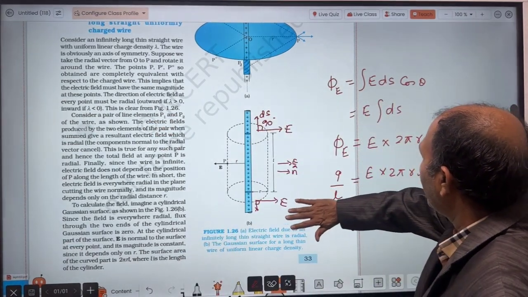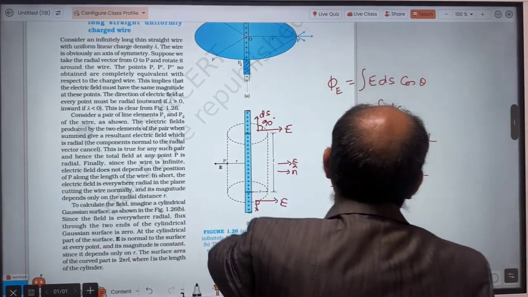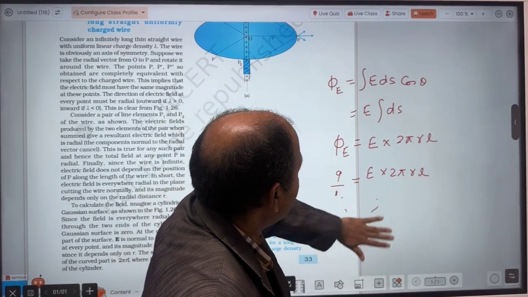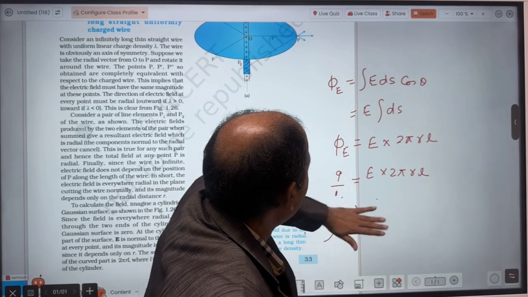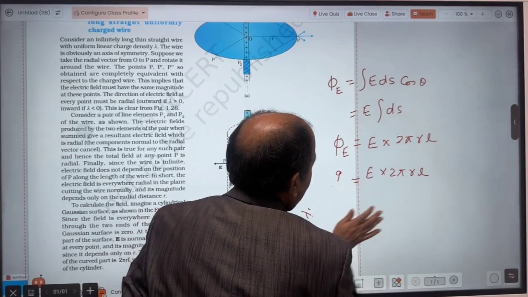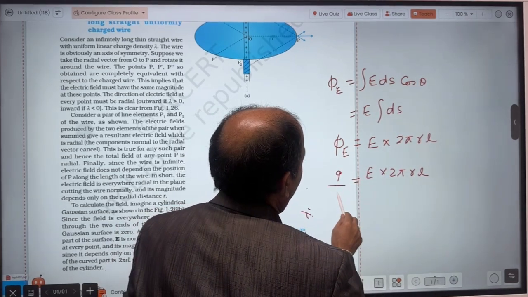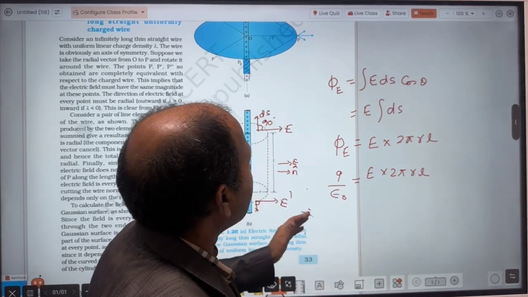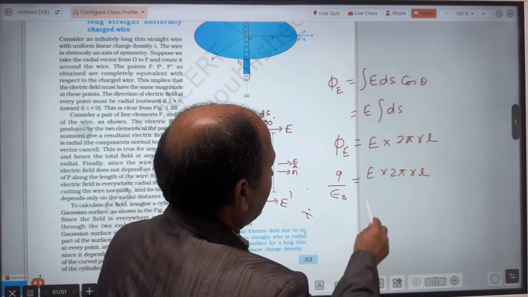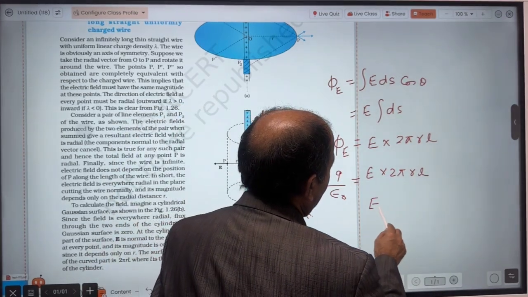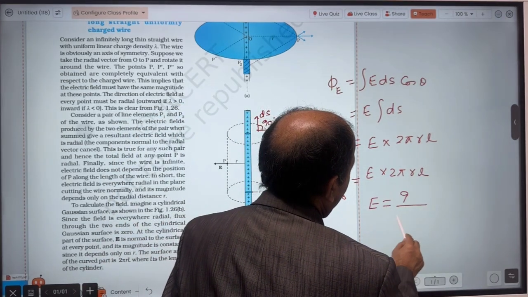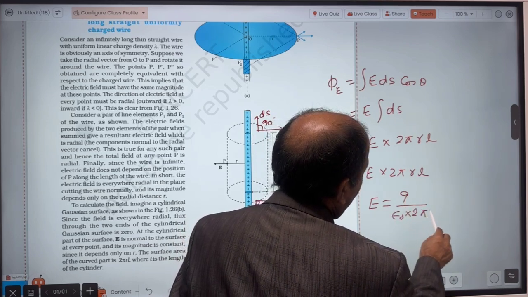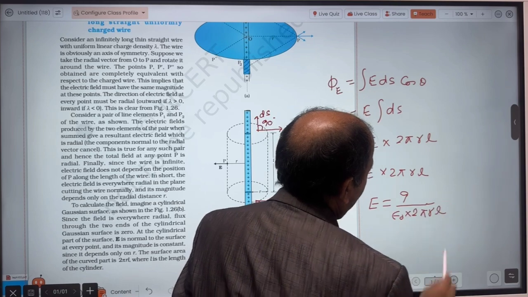No. It should be phi equal to q upon epsilon naught. So when we write q upon epsilon naught, what do we get? Our concern is to find the electric field. So we can write E equals q upon epsilon naught times 2 pi r l.